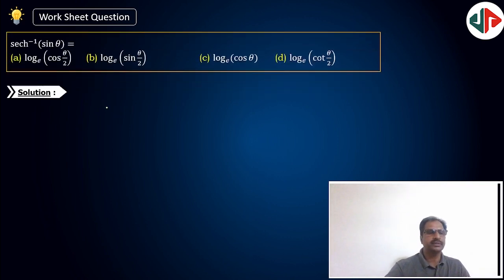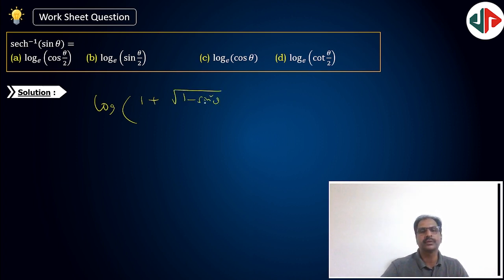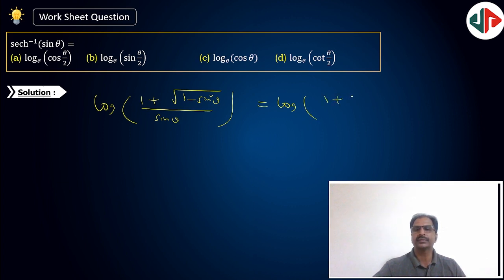Next, sech inverse sin theta. We have the sech inverse x formula as log of 1 plus root of 1 minus x square by x. That is equal to log of 1 plus root of 1 minus sin square theta by sin theta, which is 1 plus cos theta by sin theta.